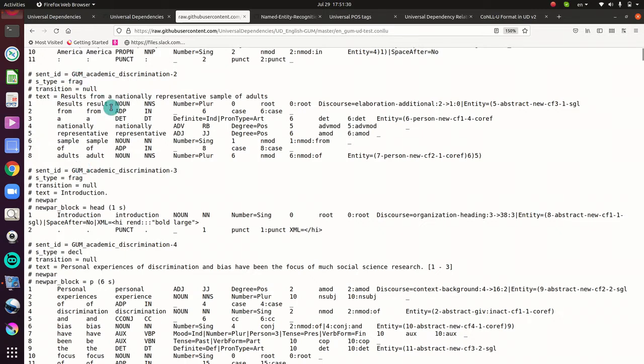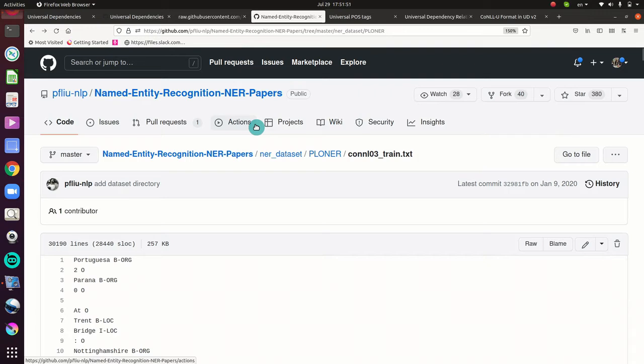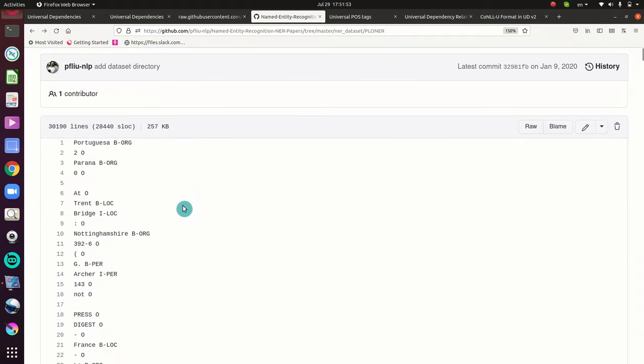Tags or whatever you want to annotate can be many things. For example, this is a POS, dependency, morphology, and also here is a NER dataset. At each line we see a token, POS tag, dependency tag, and also NER tag. I picked another dataset, which is a NER dataset. This is a CoNLL format also. If you look at it, you see a token on each line, with a label. So each token is annotated with a label.